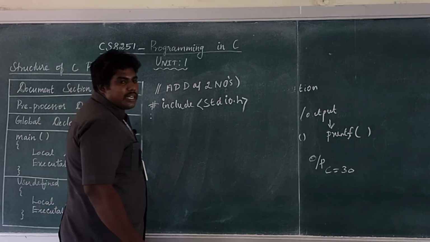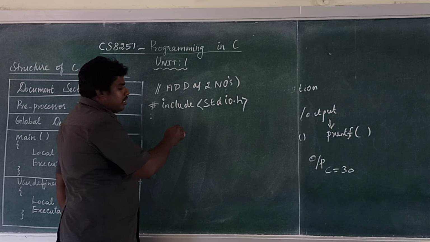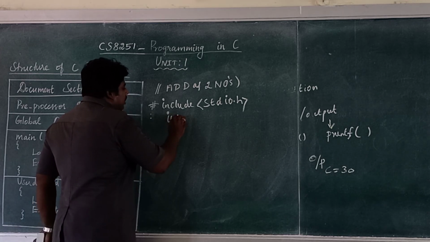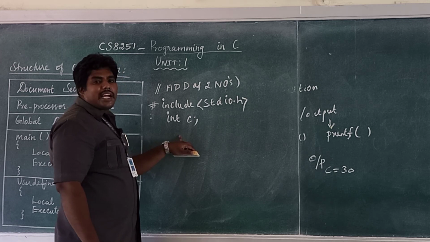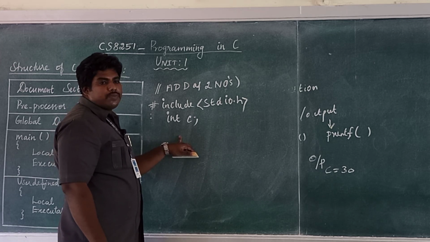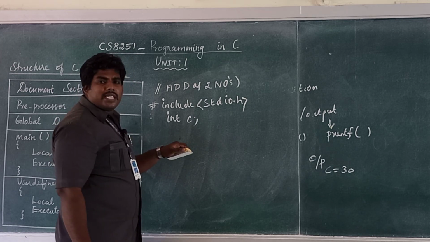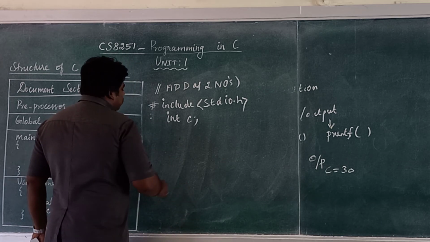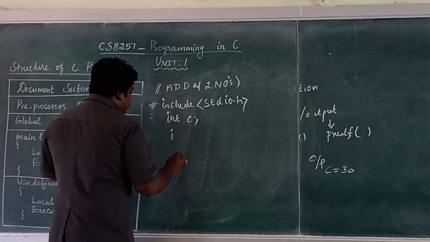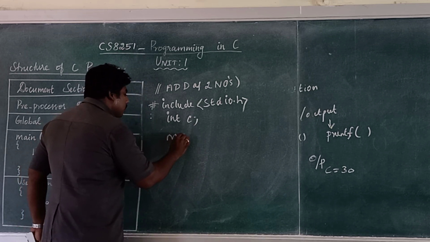Then global declaration. How do you declare? Data type, then variable name. What is global declaration? You have to declare above the main. So then you can use the main function.